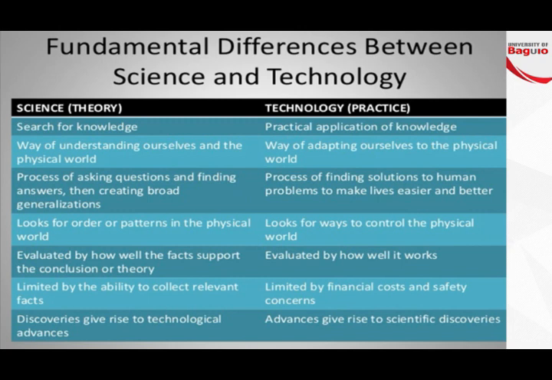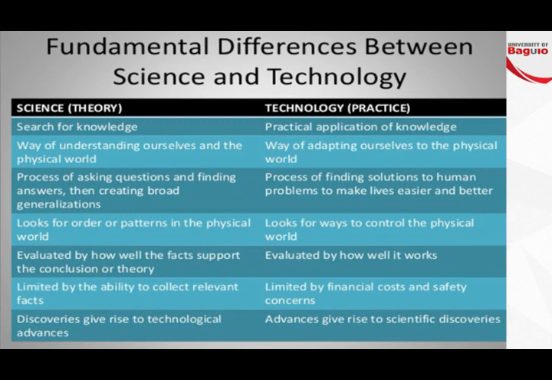Another one: science looks for order or patterns in the physical world, but technology looks for ways to control the physical world.